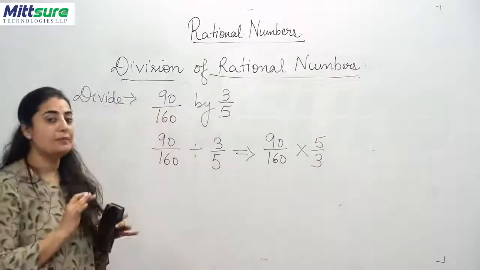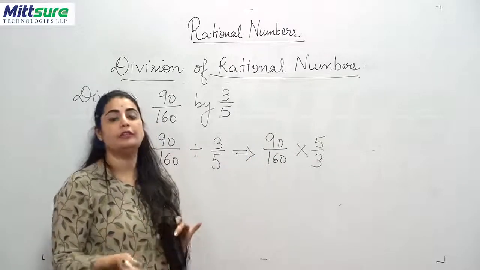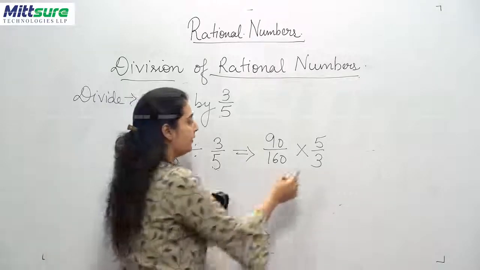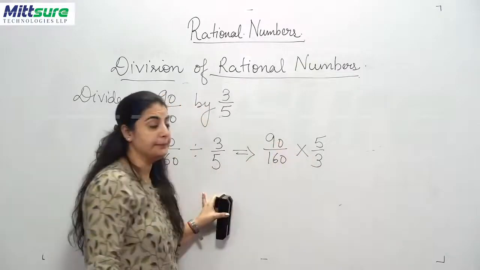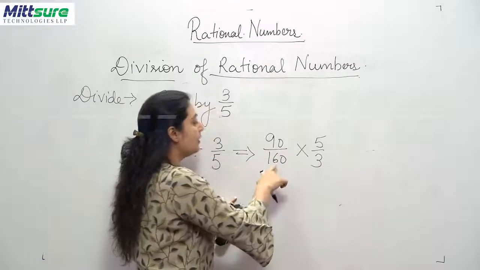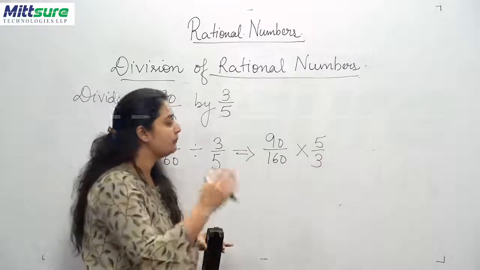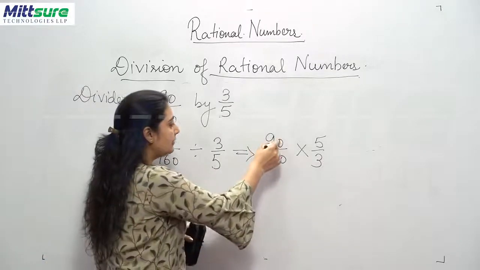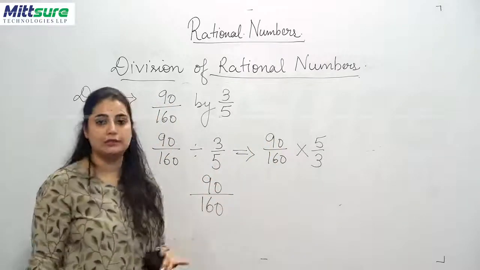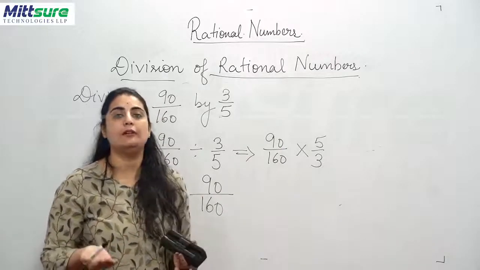Now again you have to observe whether the two rational numbers have numerators and denominators that are multiples of each other or not. So yes, 90 and 3 are multiples of each other. That means 90 is a multiple of 3, and 160 is a multiple of 5. Or there could be another method. Now look at 90 upon 160. It seems very difficult to solve this because sometimes we get puzzled with the tables and do not understand what to do.